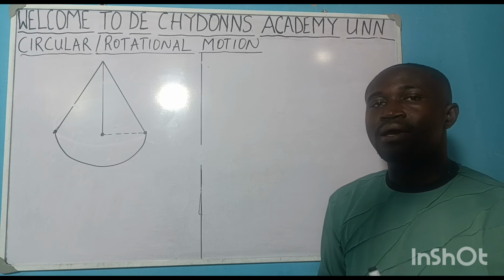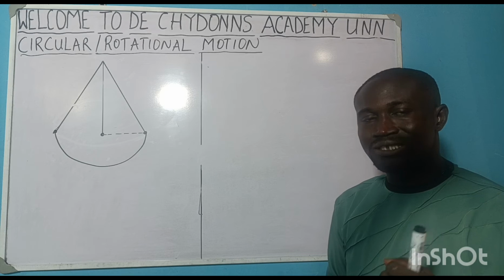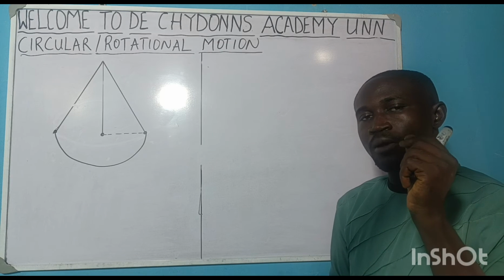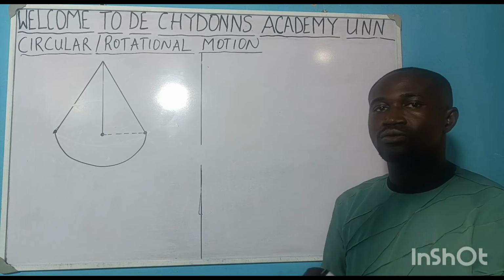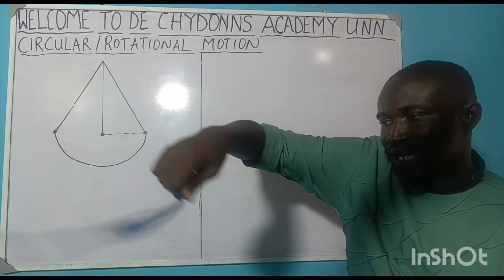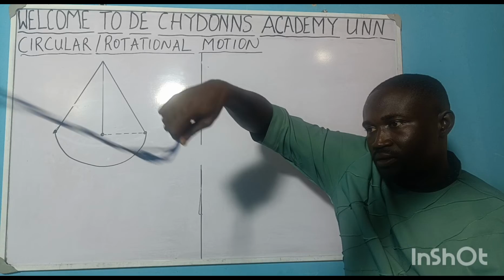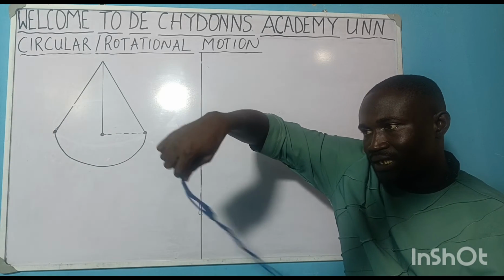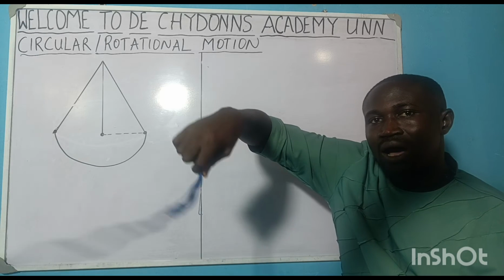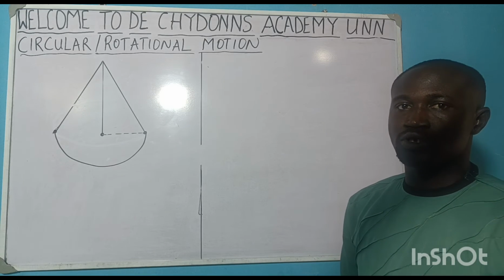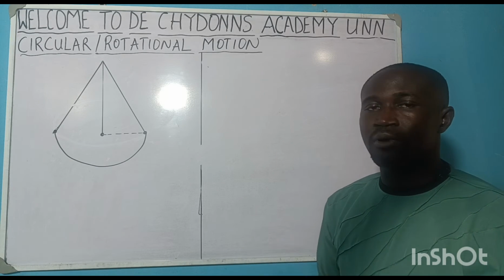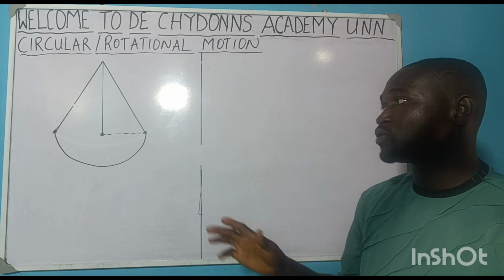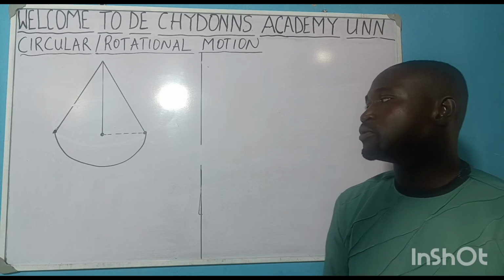If you want to understand it well, picture in your mind how a ceiling fan rotates. It rotates horizontally. When a body is moving horizontally like this, we say it is horizontal circular motion. So a lot of things happen in a body that undergoes horizontal circular motion, and that is what we want to sort out now.